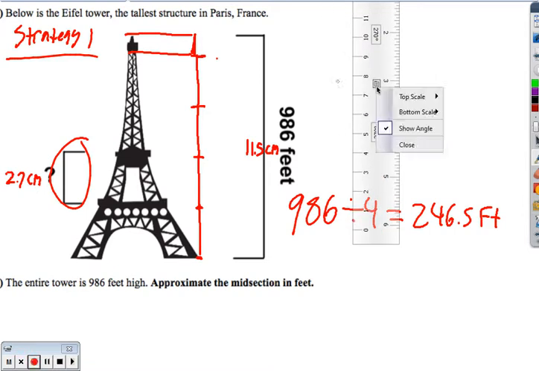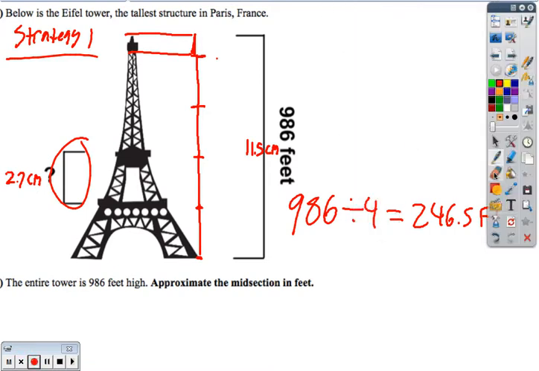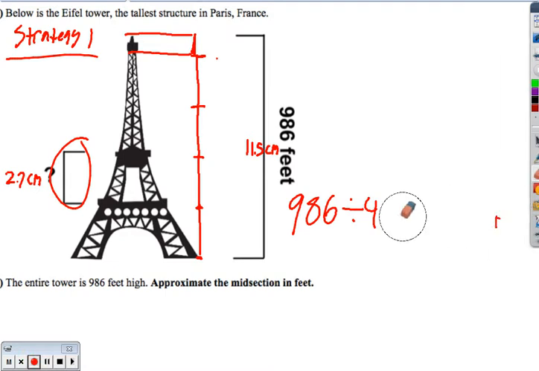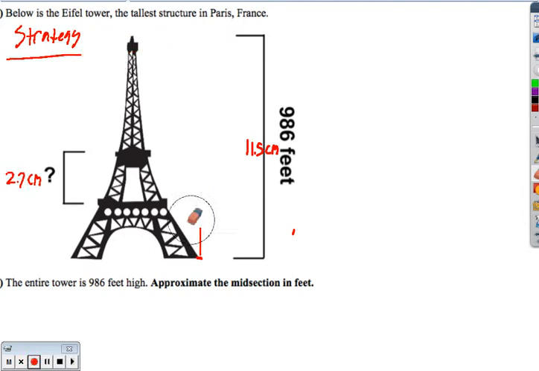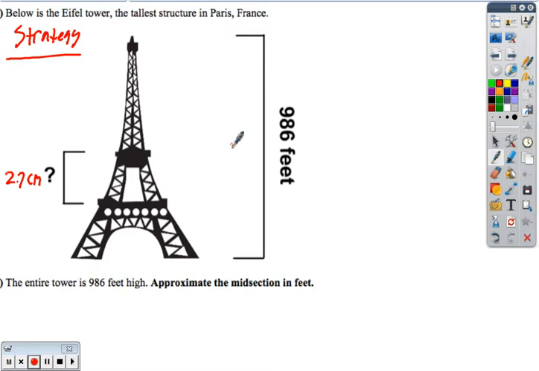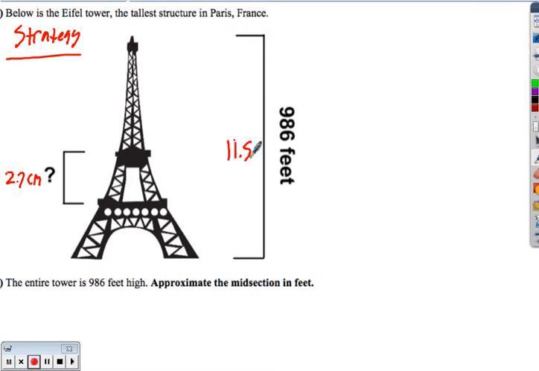So I'm going to get rid of this for now. We don't need this. Why don't we try a different strategy? So this will be strategy number 2. We know that the entire thing is 11.5 centimeters.